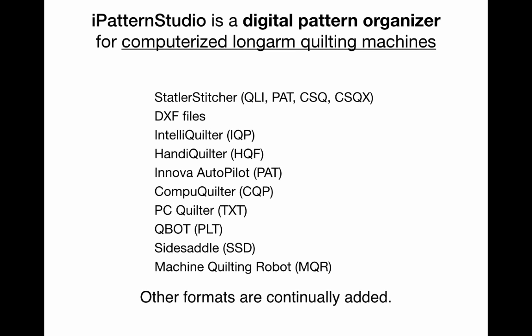In iPatternStudio version 2, many different file formats are supported. The Statler-Stitcher's QLI, encrypted PAT, CSQ, and encrypted CSQX, DXF files, IntelliQuilter's IQP, HandyQuilter's HQF, Innova Autopilot's PAT, CompuQuilter's CQP, PCQuilter's TXT, Qbot's PLT, SideSaddle's SSD, and Machine Quilting Robot's MQR format.